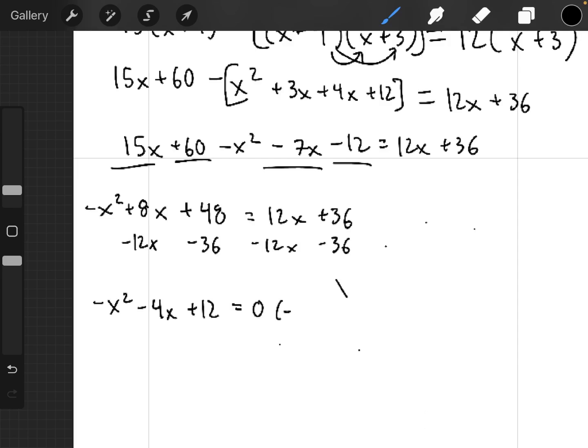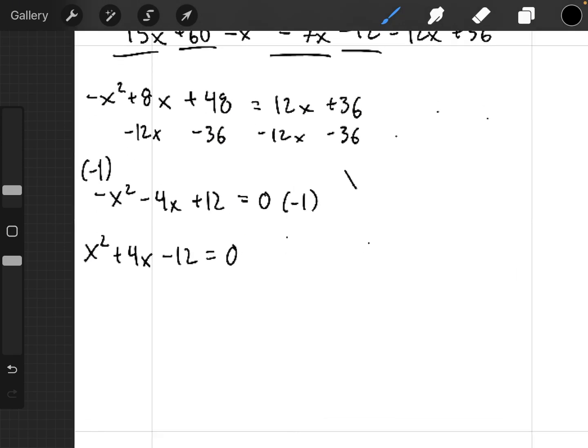We'll multiply both sides of the equation by negative 1, just to get rid of the negatives. So now I have x squared plus 4x minus 12 equals 0. Now we can factor. Two terms that are going to add up to positive 4 and multiply to negative 12: positive 6 and negative 2.